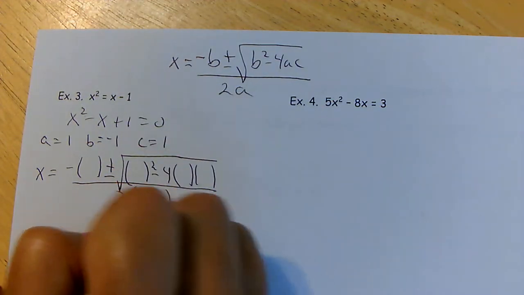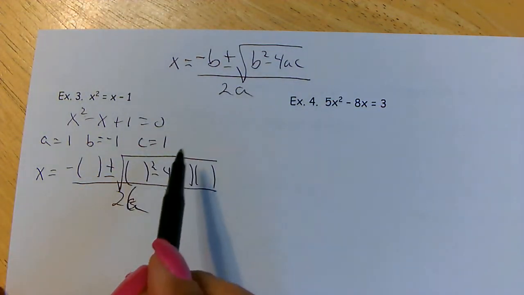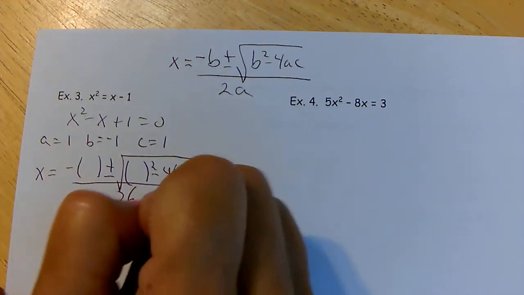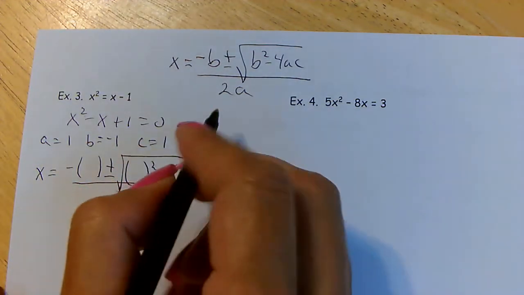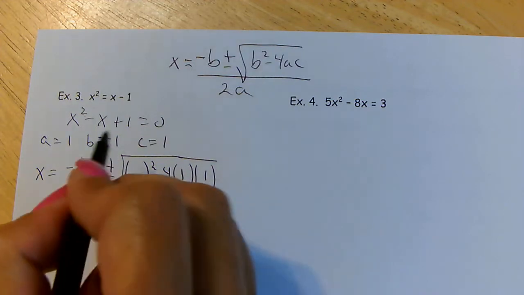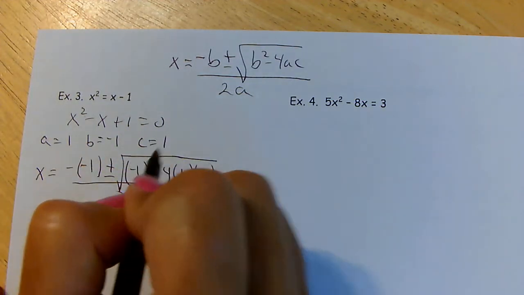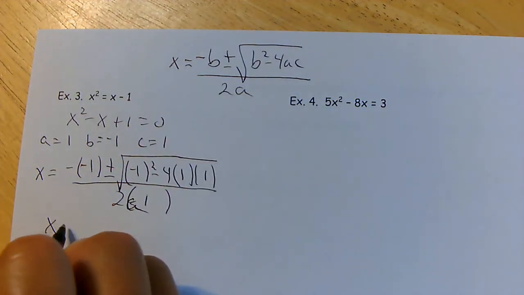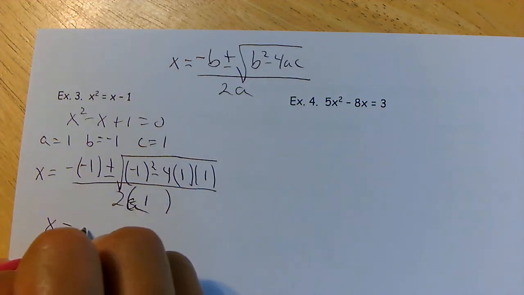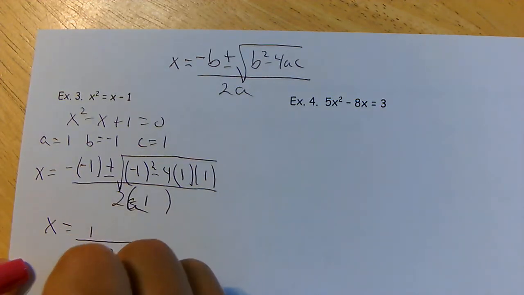Oops, not the A, parentheses. A is 1. C is 1. I don't know why I did C then, but -1 for B. So +1 here. 2 on the bottom.